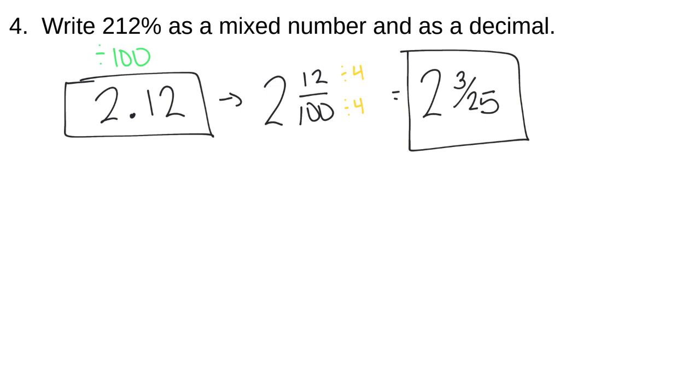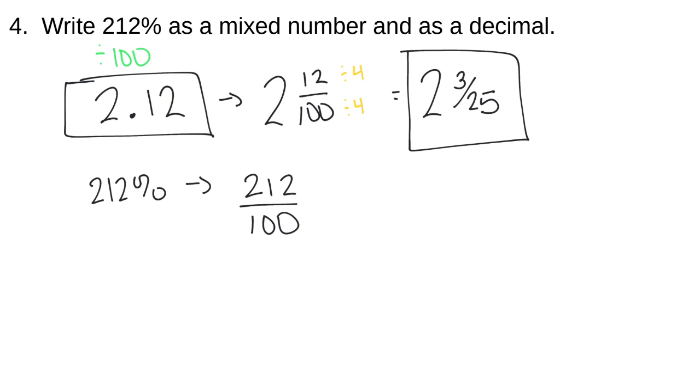Again, that's not the only way to do this. We could have started with the percent of 212 and first made it as a fraction. 212% is the same thing as 212 out of 100, because remember, percent's always out of 100. And then rewritten that fraction as a mixed number.